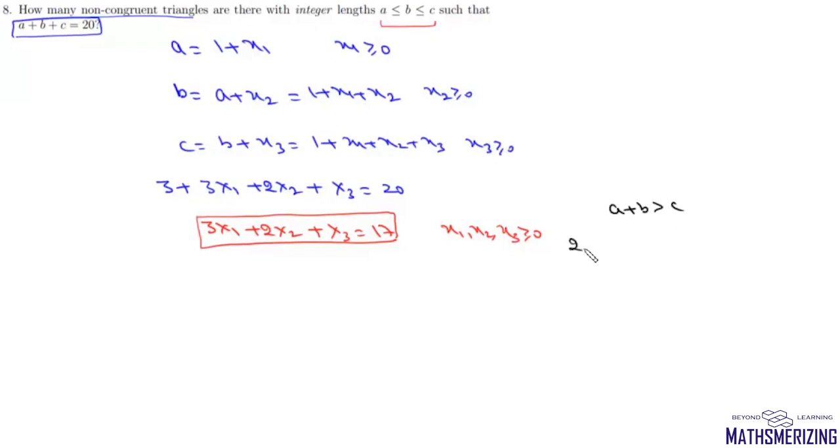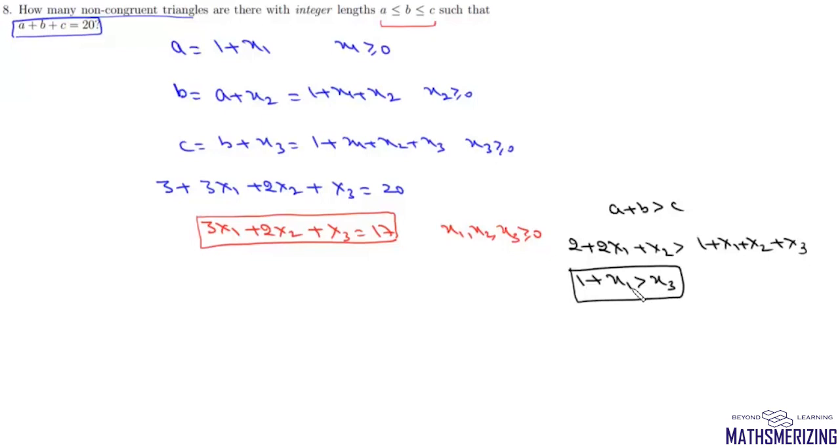A plus b is 2 plus 2x1 plus x2, and it should be greater than 1 plus x1 plus x2 plus x3. Now here x2 will cancel, x1 will also cancel once. So simply we can write 1 plus x1 should be greater than x3. So we need to find solutions to this equation provided x3 is less than 1 plus x1.